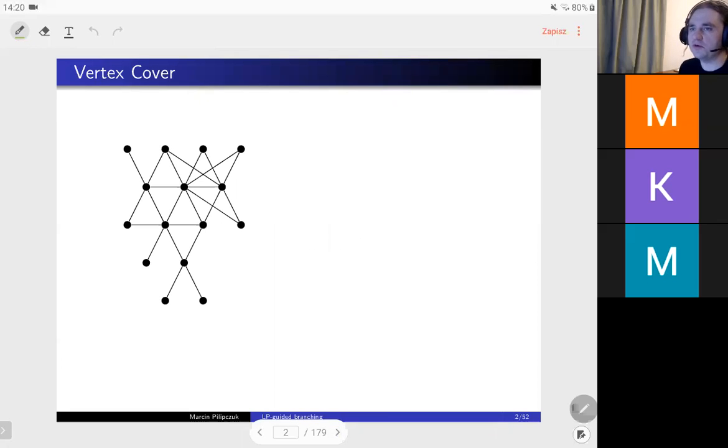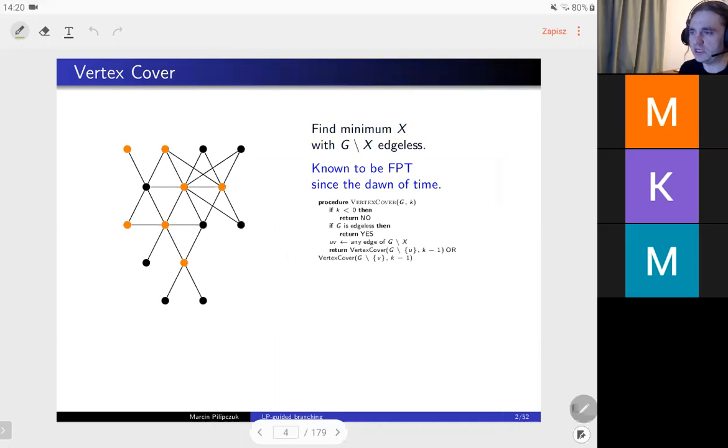Okay, so let's not say something abstract. Let's go to our favorite problem of vertex cover. This is an example vertex cover instance, and this is a minimum vertex cover in this graph. We have studied LP FPT algorithms for this problem on the first lecture and then many other lectures.